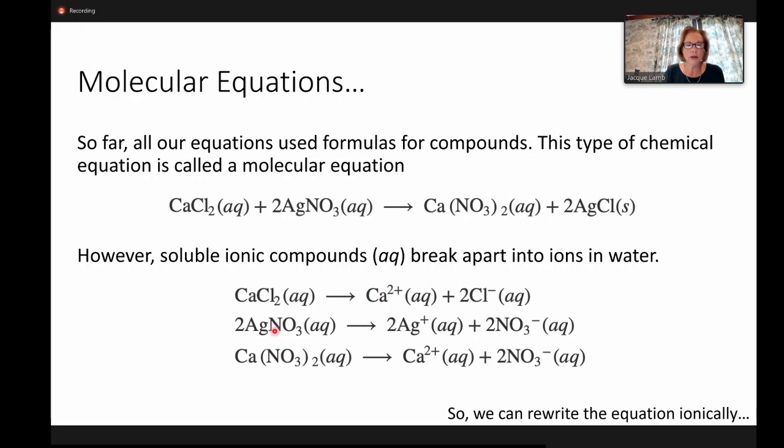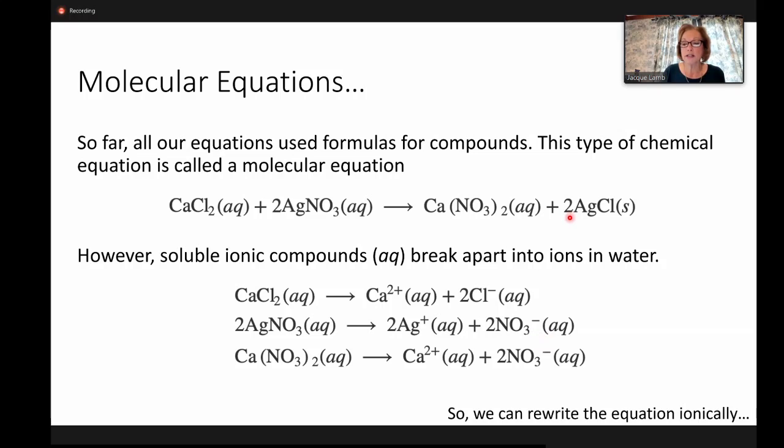In our formula for silver nitrate, they become silver ions and nitrate ions. In this case, we have 2s in front of them because that's what we got from the balanced molecular formula. Calcium nitrate, the product here, is also aqueous, so those calcium ions and nitrate ions are still floating around in aqueous solution.